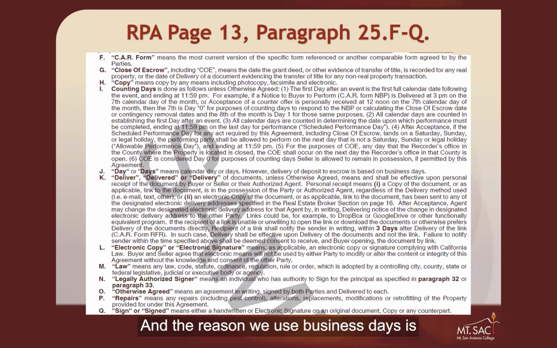And the reason we use business days is escrow is not open on non-business days. So escrow to be open, banks need to be open, the county recorder's office needs to be open, the title company needs to be open, okay? So it's going to be Monday through Friday, not a recognized holiday, okay? So those are business days. Everything else we use is calendar days.